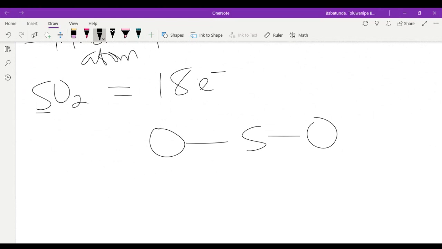So we want to distribute these 18 electrons on this. We need to place them on the atoms surrounding the central atom, which are just these 2 oxygen atoms. So we now ask ourselves, how many electrons do we need?